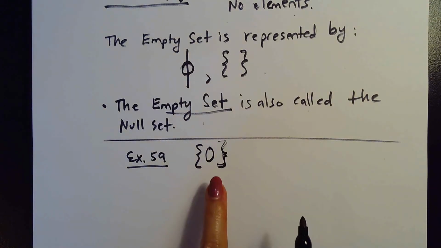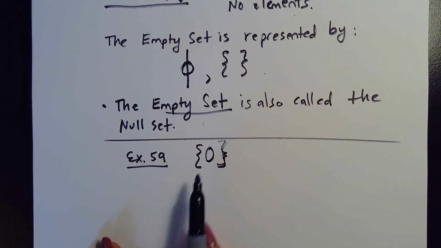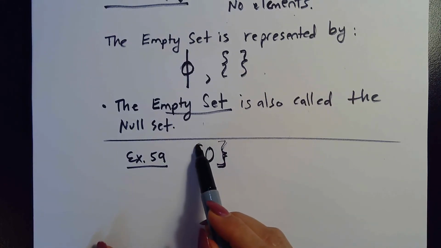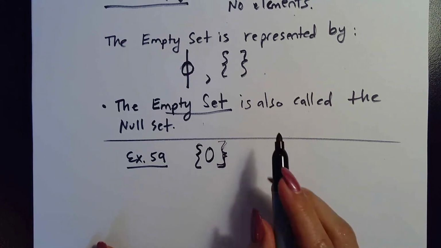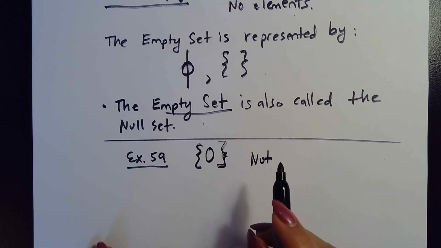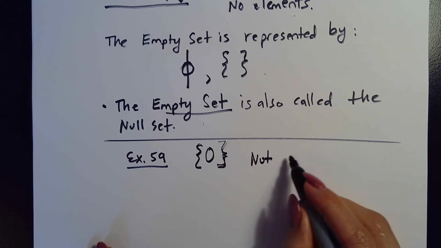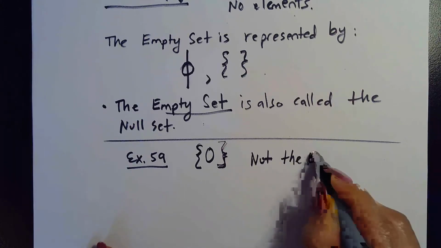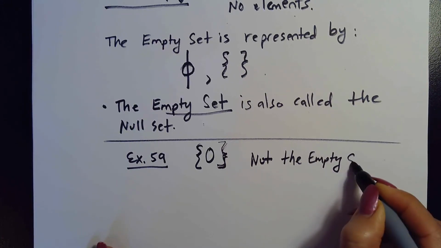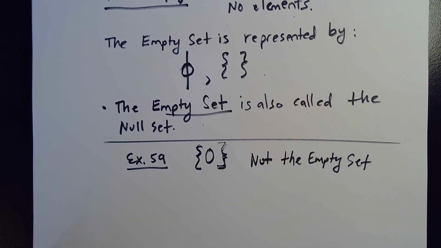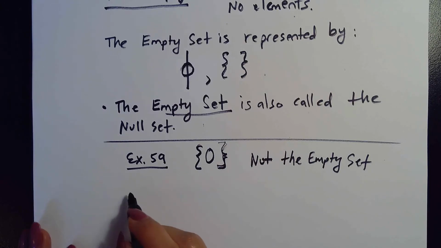Well, this is not the empty set because the empty set doesn't have any elements. And this set has one element, 0. So this is not the empty set. So 5a, no.